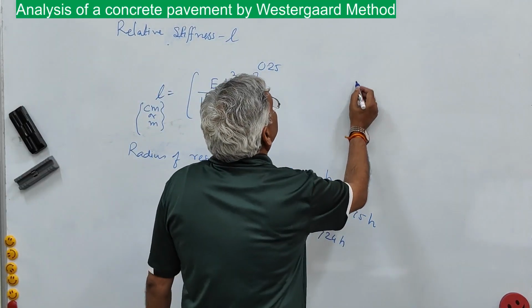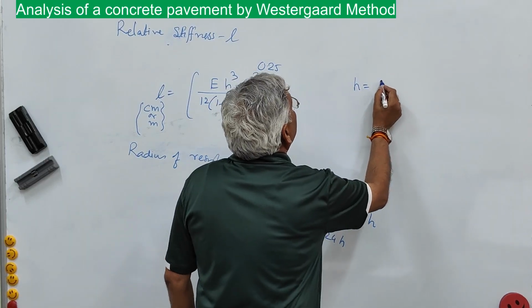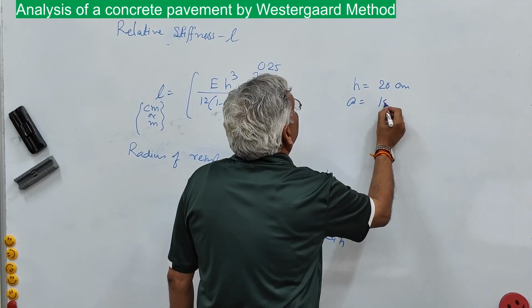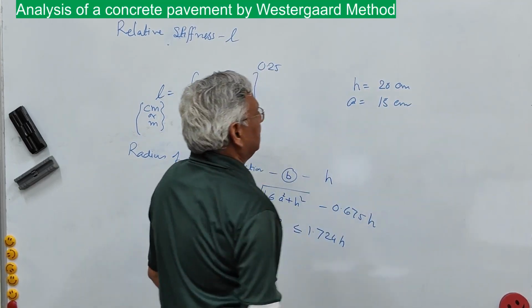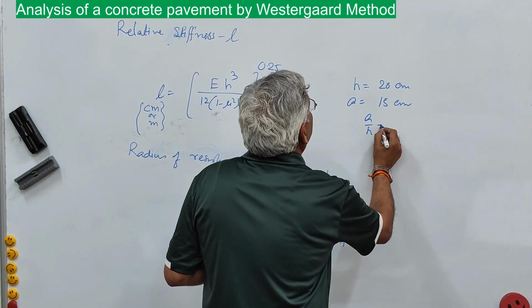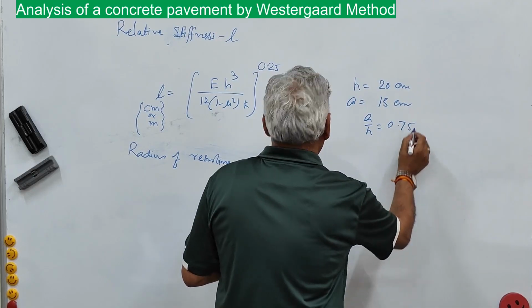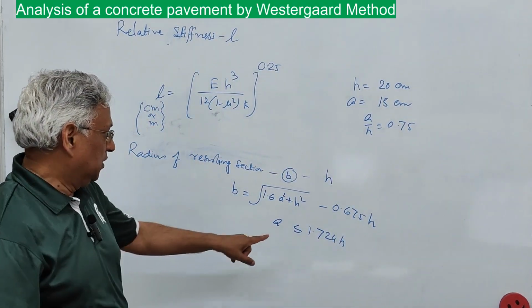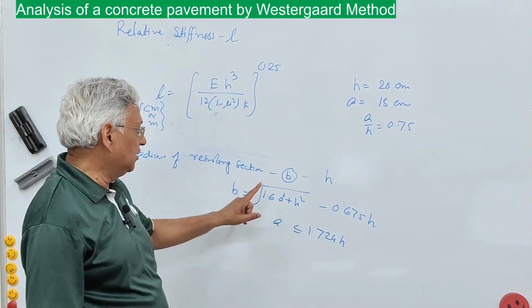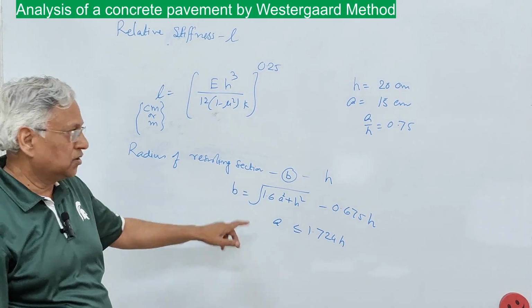So if, let us say, the thickness of the slab is 20 centimeter, and a, the radius of loaded area, is 15 centimeter, then a upon h is 0.75, which is less than 1.724, and therefore this equation is to be used.